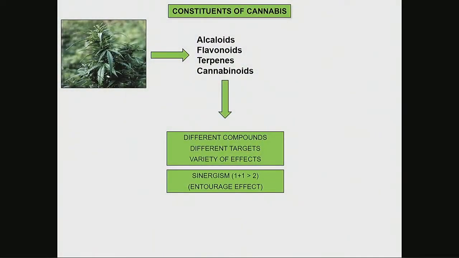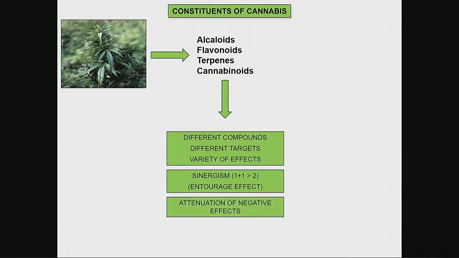And when we work with cannabis compounds, we also observe what is called in pharmacology synergism, which means that when you add the effect of one compound to the effect of another compound, the result is not 2, it's greater than 2. This is what we call the entourage effect.